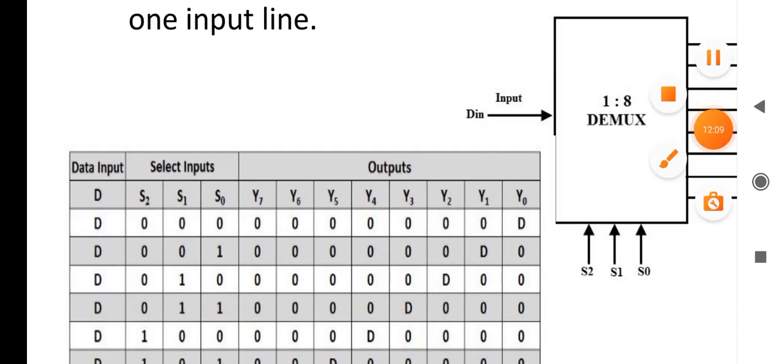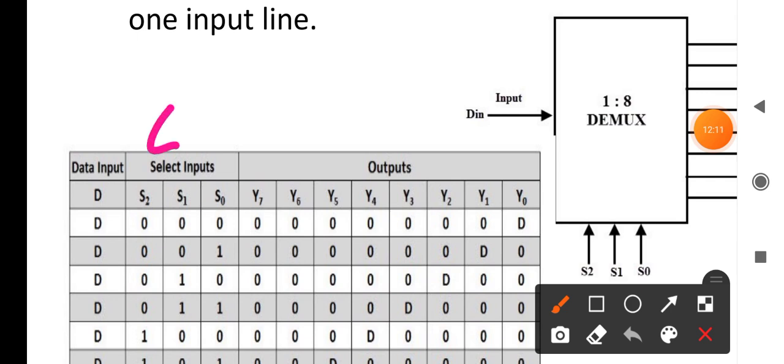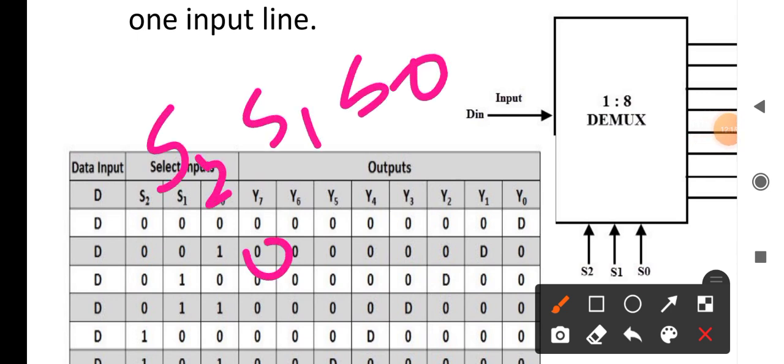When S2, S1 and S0 are 0 1 0, can you guess which output should be high?